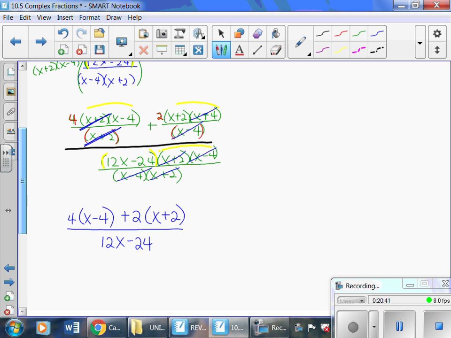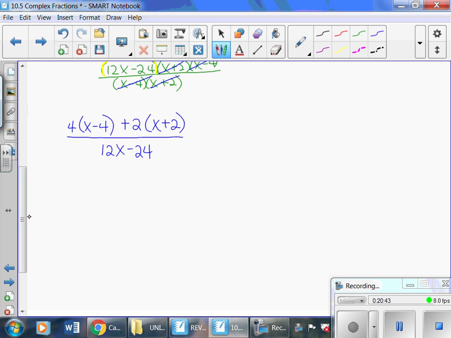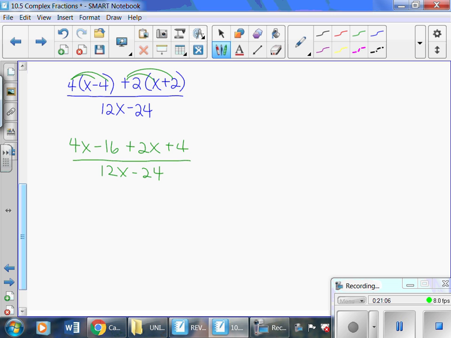Now what are we going to do? All right, let's do some multiplying out now because I know I can simplify this a little bit more. So let's take this and distribute this. It seems like we're going in circles here, but 4x minus 16 plus 2x plus 4 all over 12x minus 24. Let's combine like terms. 4x plus 2x is 6x.